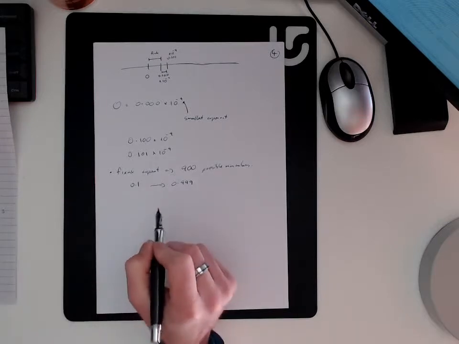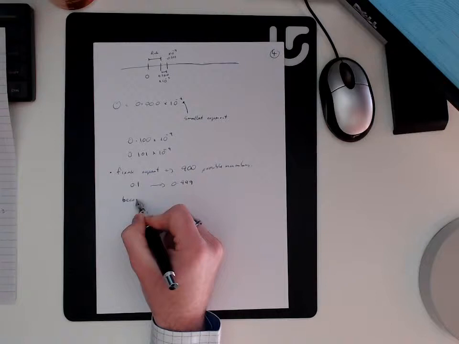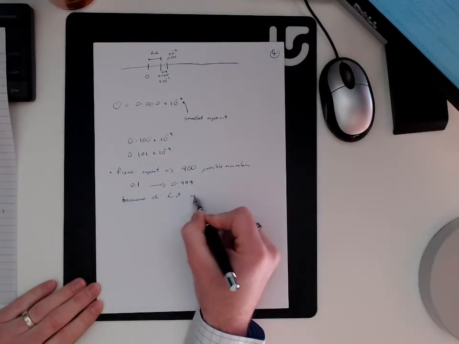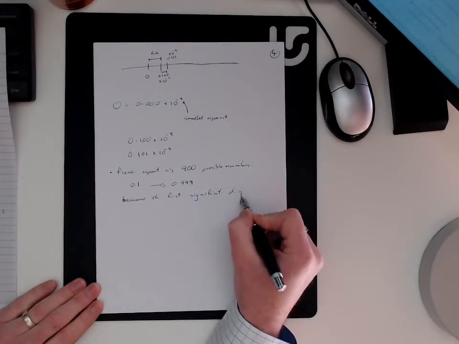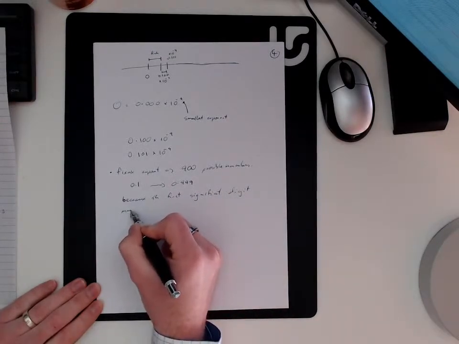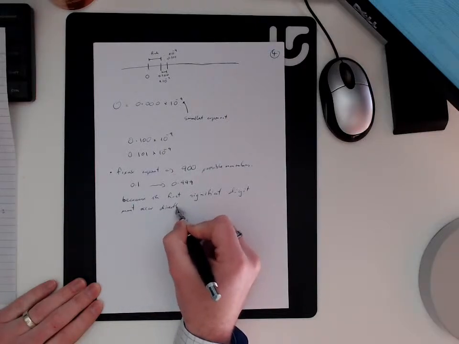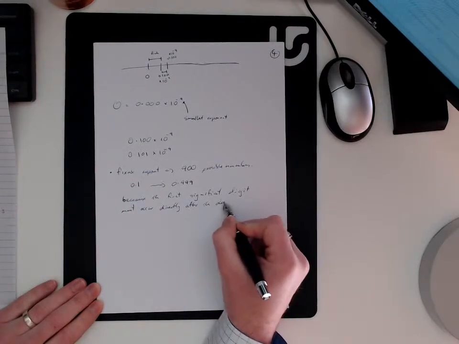And remember, that's because the first significant digit must occur directly after the decimal point.